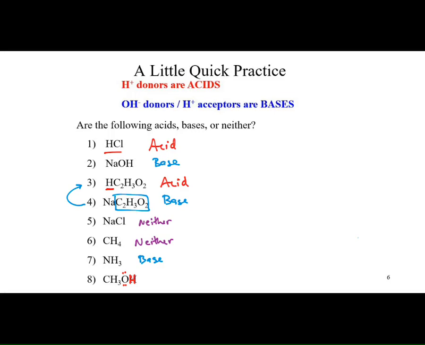We can make something be a base as long as we react it with a strong enough acid. For the most part, we're dealing with relatively neutral systems, so we don't have to stress a whole lot about that, but we'll see it pop up here and there.